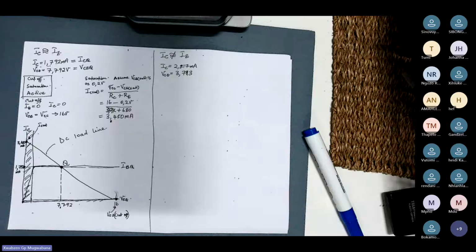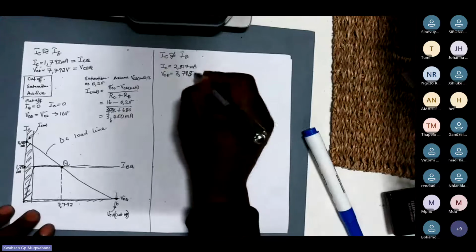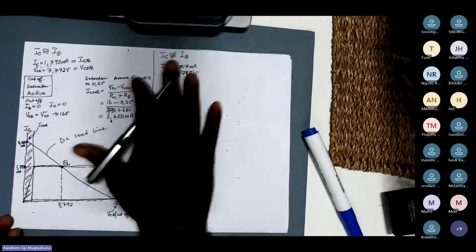Where I stopped at VC, you can just say VCE will be given by VC minus VE. Then you will find this 3,795. Oh, 3,795. Thank you. Volts. 3,795 volts.